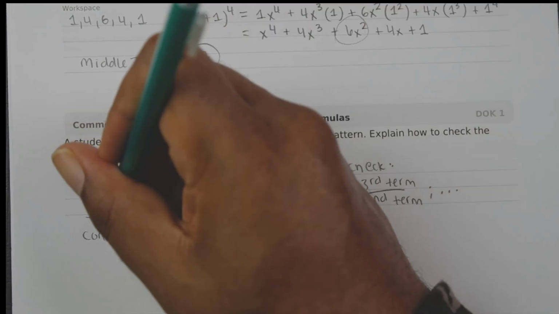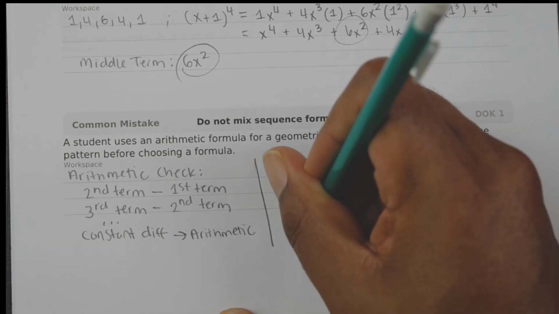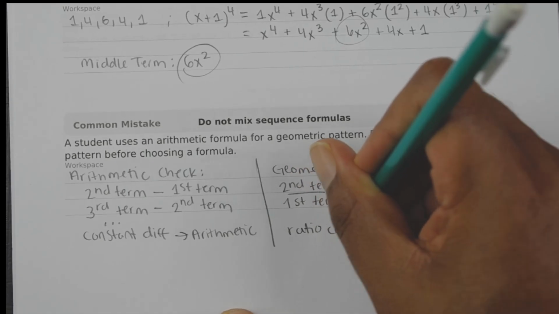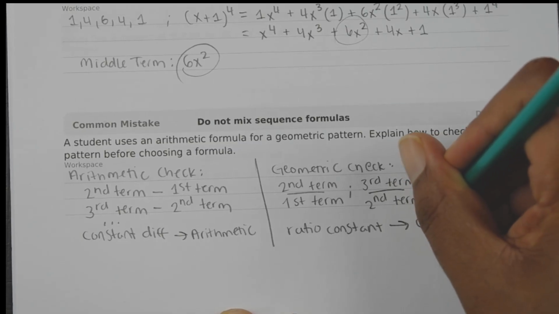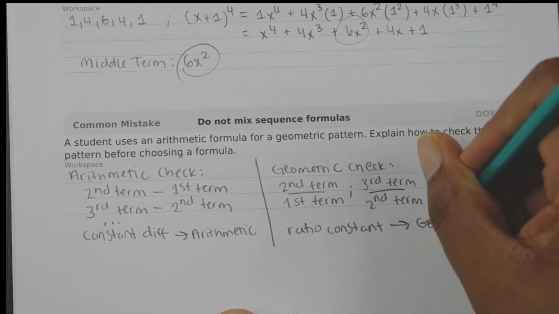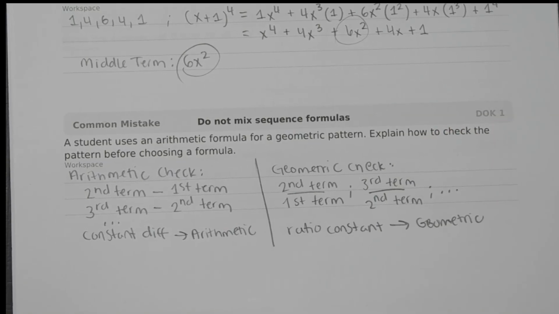If the ratios are constant, the pattern is geometric. Okay, so the ratio would be geometric. All right, just keep that in mind.